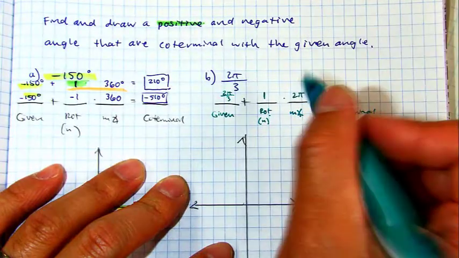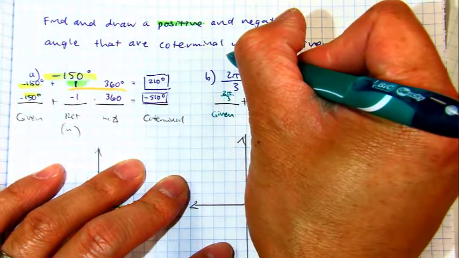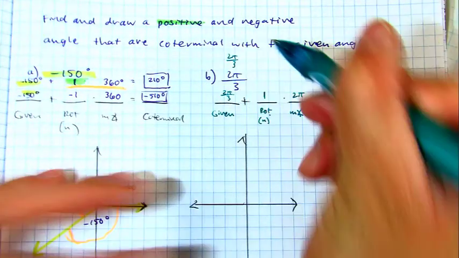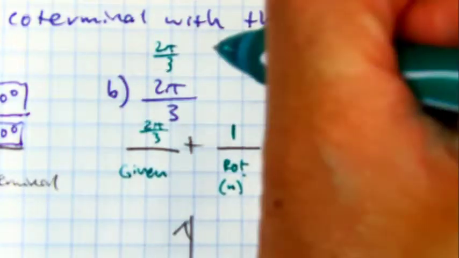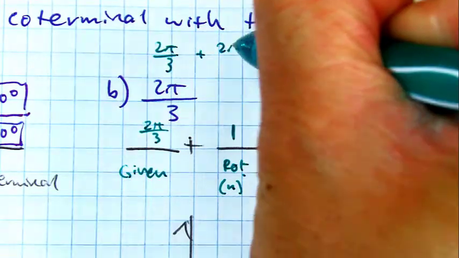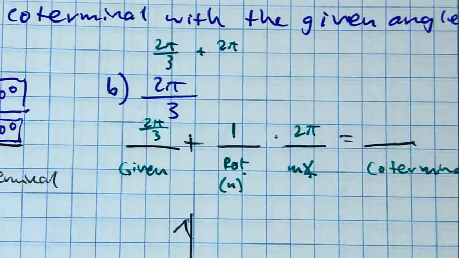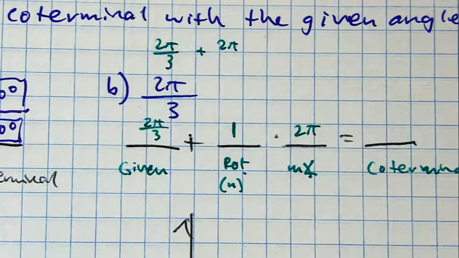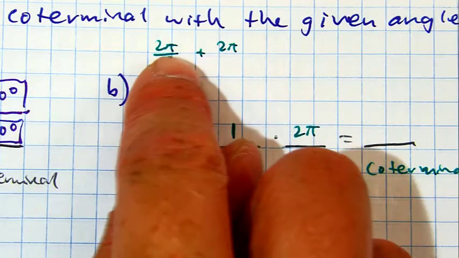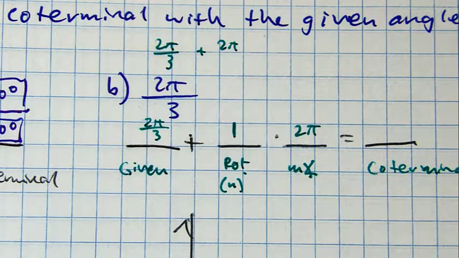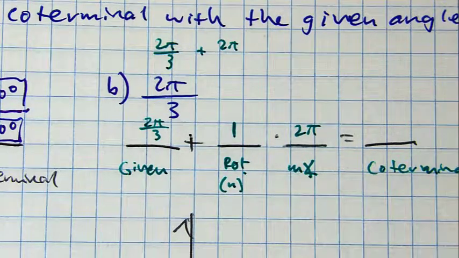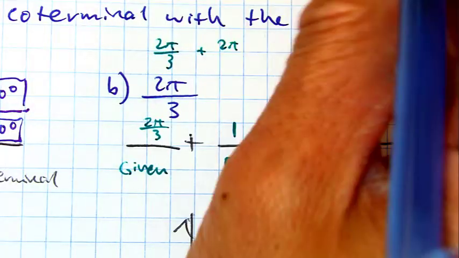So let's work this out. Now I have 2 pi over 3 plus 2 pi. There is some bad news. The bad news is these are not common denominators. Therefore, we cannot add the fractions together. But we can make them friends by having something in common.